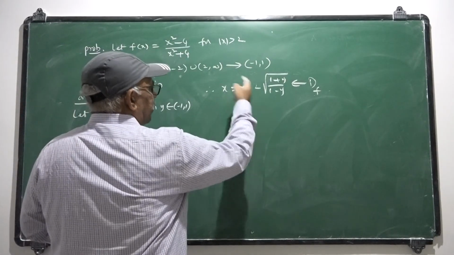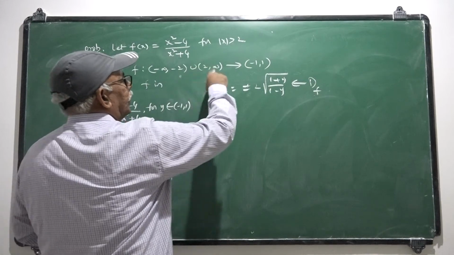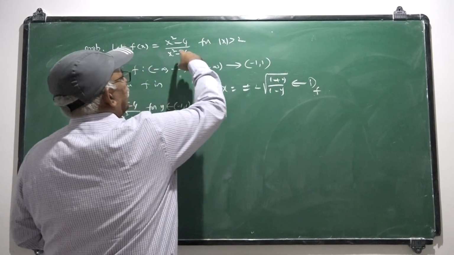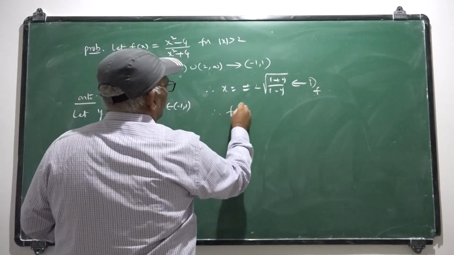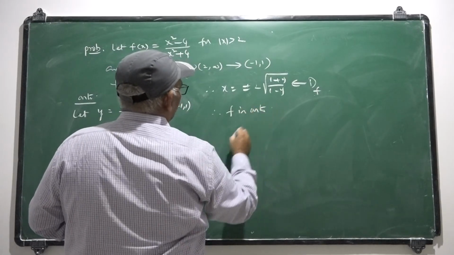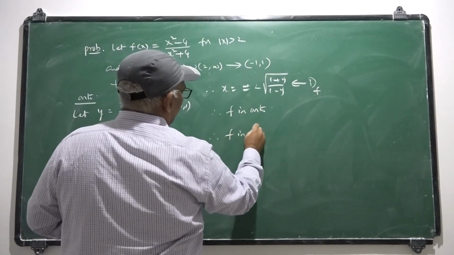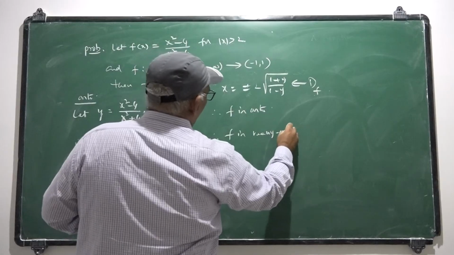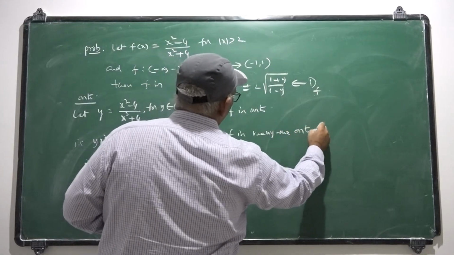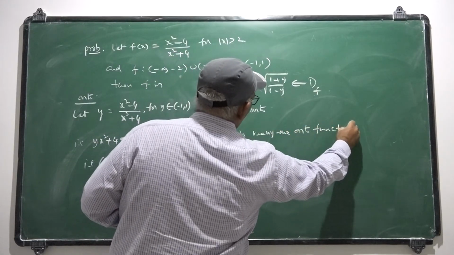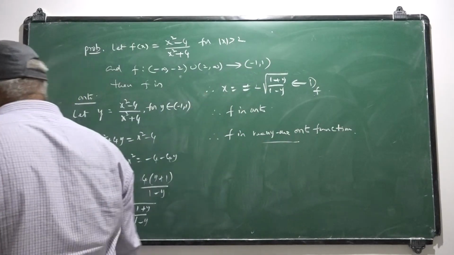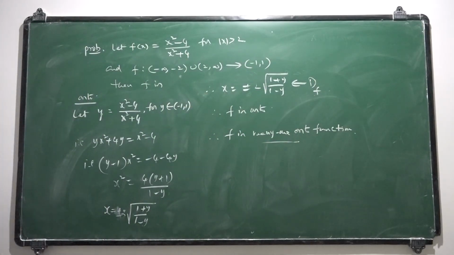So certainly there exists a pre-image for every element of the codomain. So f is onto. Therefore f is many one onto function. It is not one one, but many one onto function.